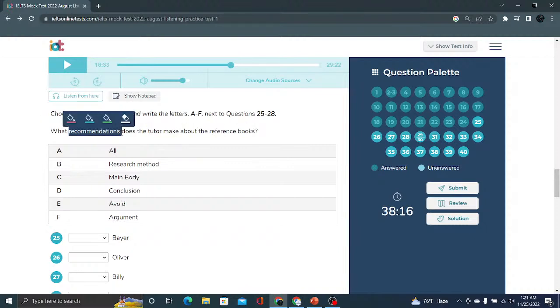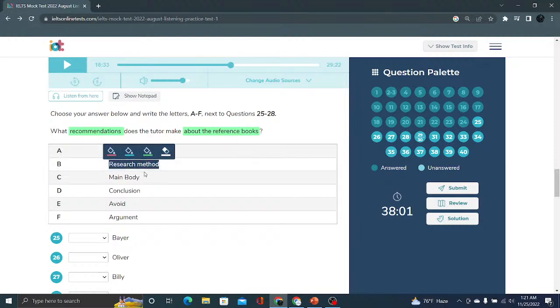So recommendation about lecture books. Here: all, research method, body, conclusion, avoid, arrangement.